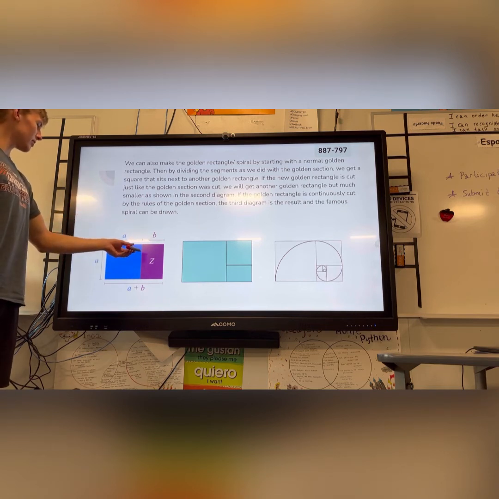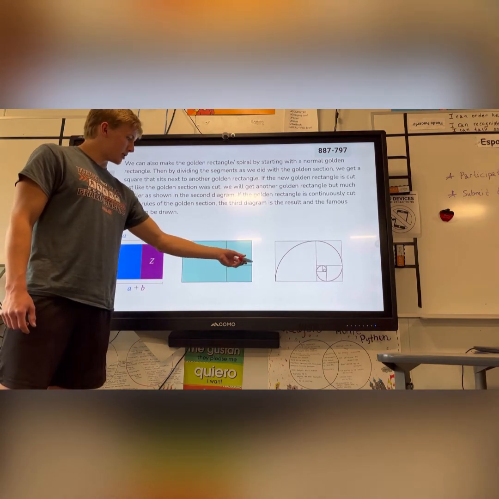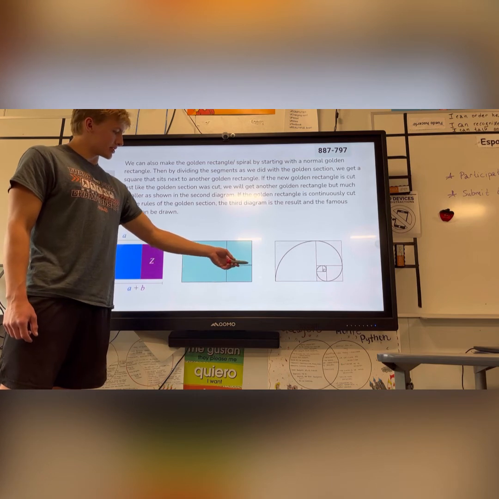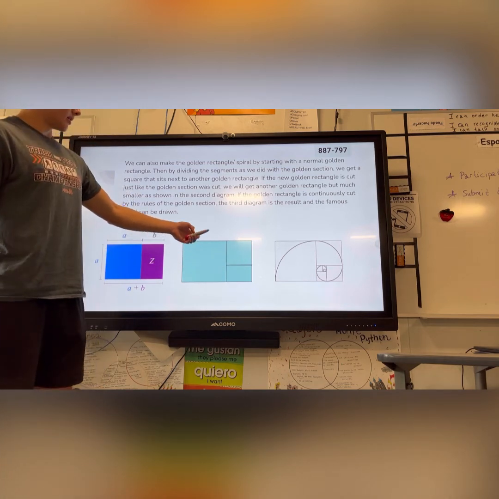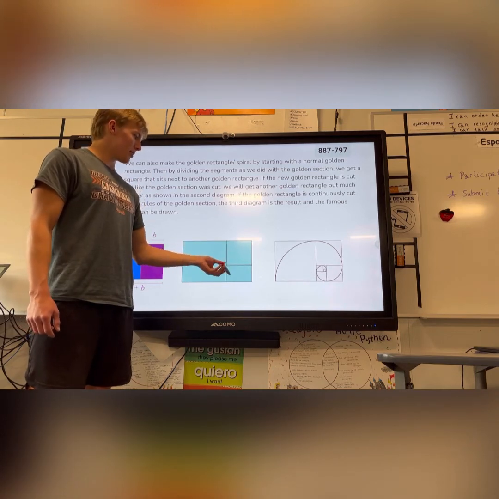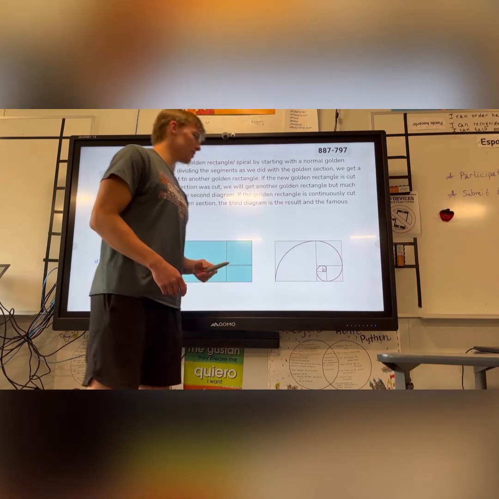So that's cut, and then we cut this again by point C right here. So that's our golden rectangle cut by C. And so now we have another golden rectangle here. And that process continues all the way down until you can finally draw that famous golden spiral.